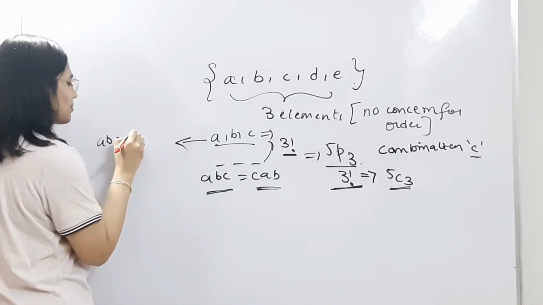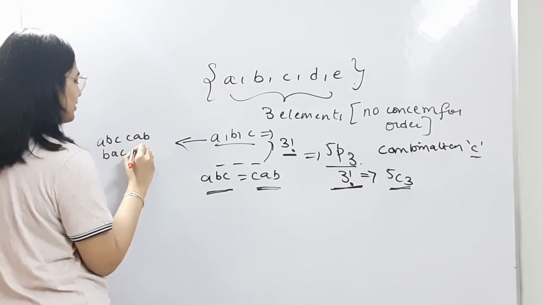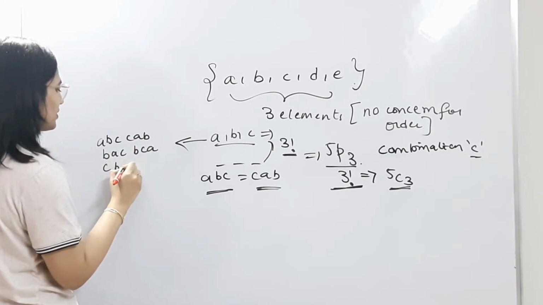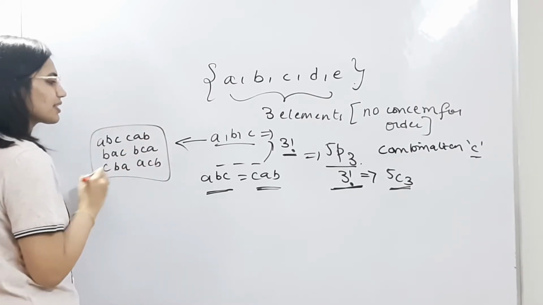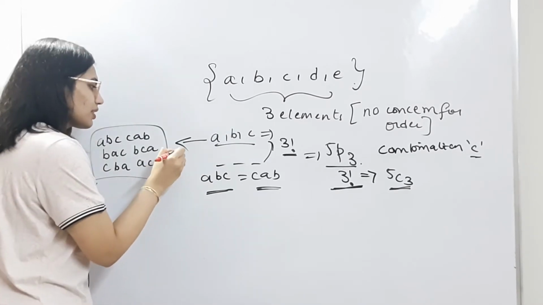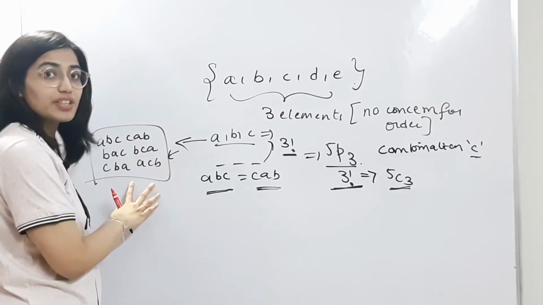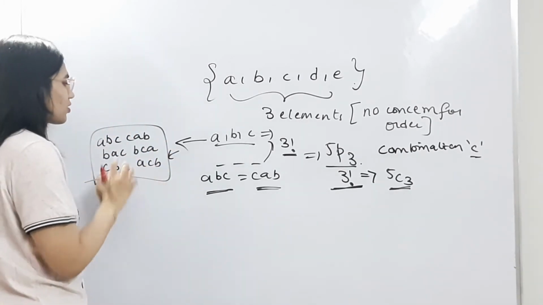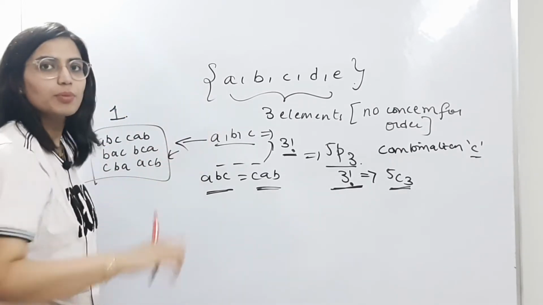You can say ABC, CAB, BAC, BCA, CBA, and then ACB. There are 6 different ways you can arrange ABC. So this is order, right? We are considering order. We can arrange this in 6 different ways. But if you are considering combination, these all constitute one element only, because we don't bother about order.